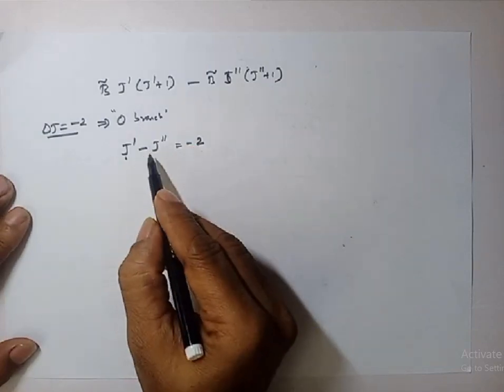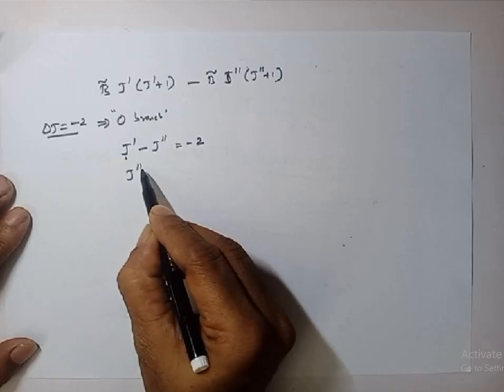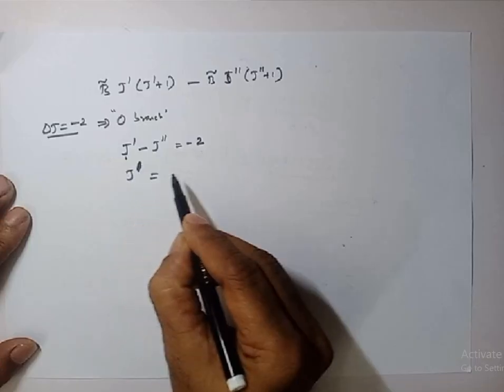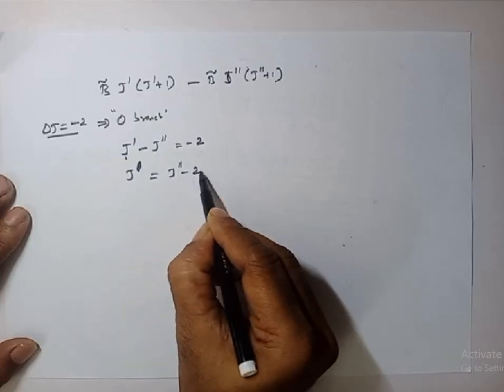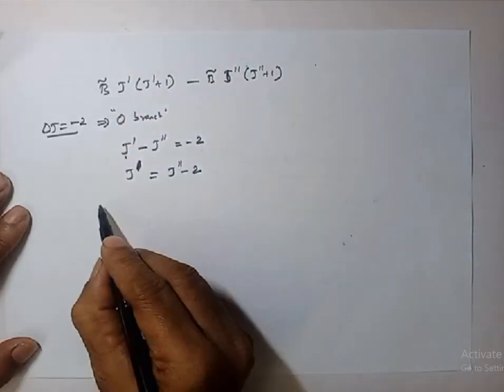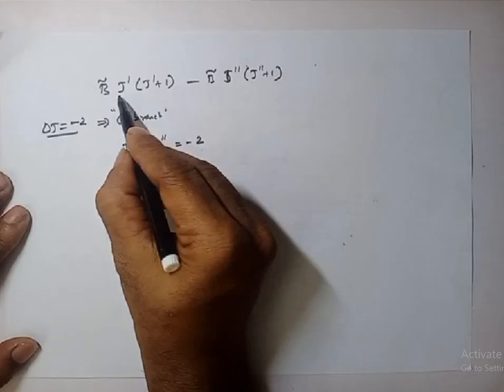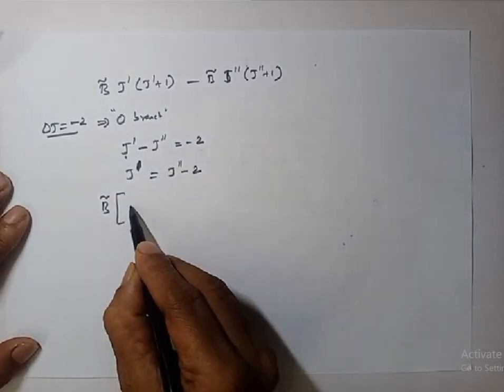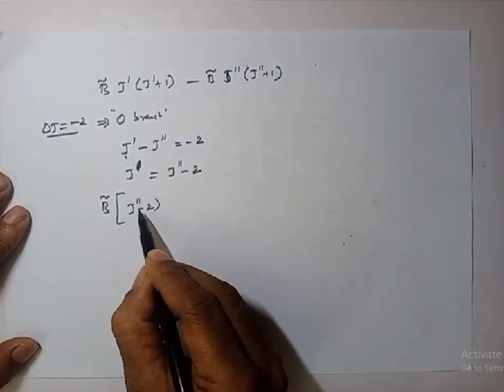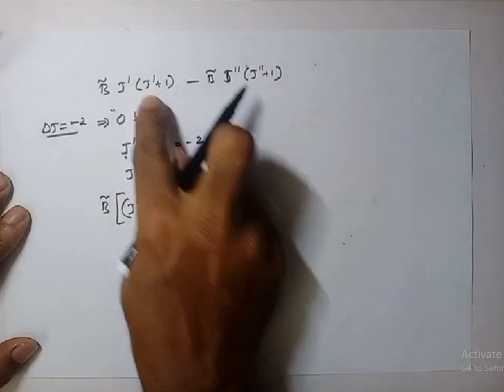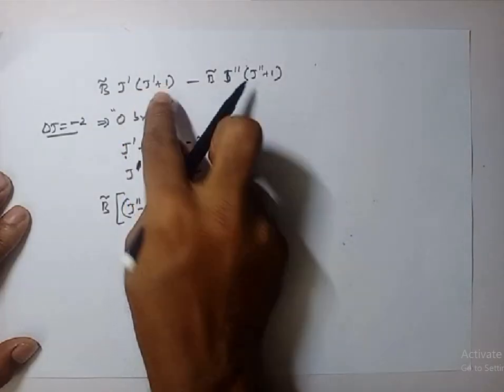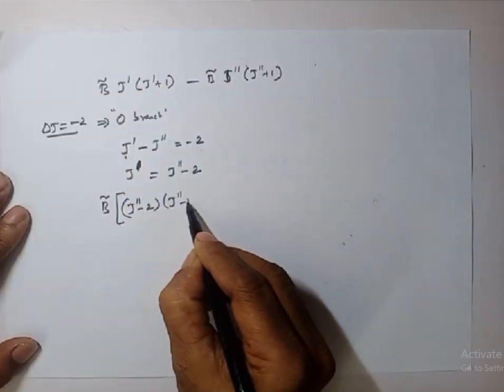Okay, so if I substitute this here, J prime equal to J double prime minus 2. Take B as common. Wherever J prime is there, put this value. So I'll get J double prime minus 2. And if I put J double prime minus 2 here, minus 2 plus 1 is minus 1.